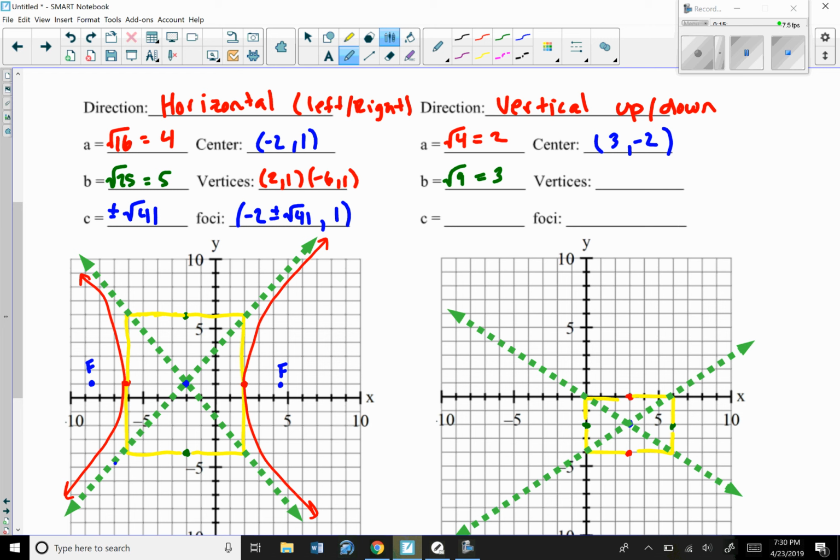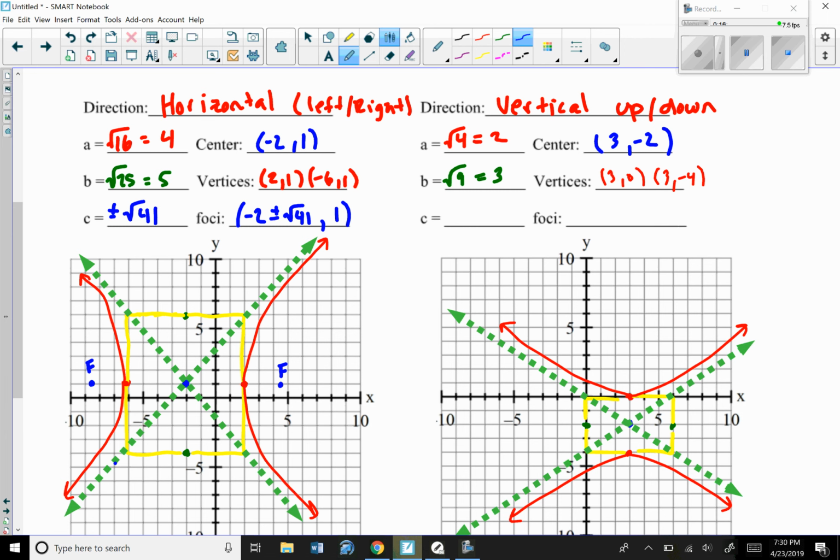So our vertices we can see are at 3, 0 and 3, -4. And again, this is opening up and down, so following your asymptotes from your vertices. And then we know that the foci are going to be on the inside of the hyperbola.